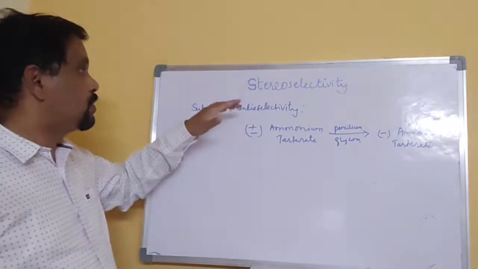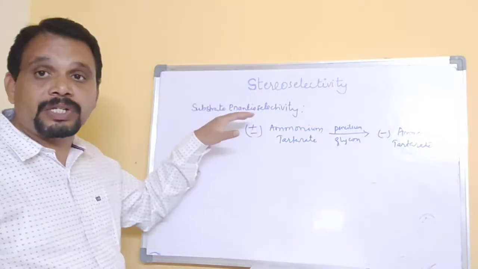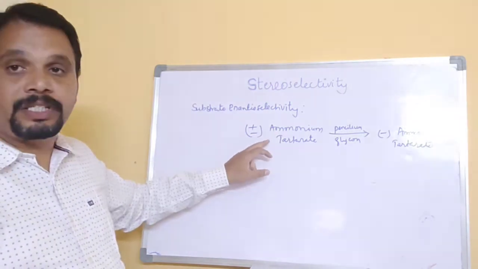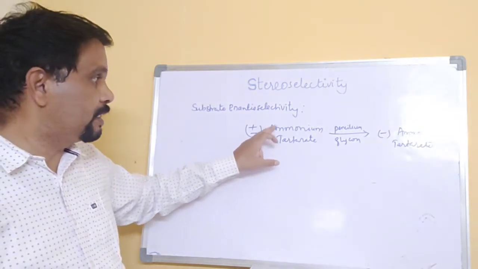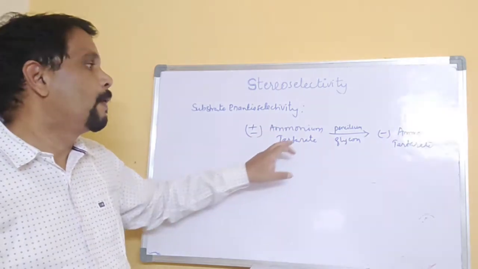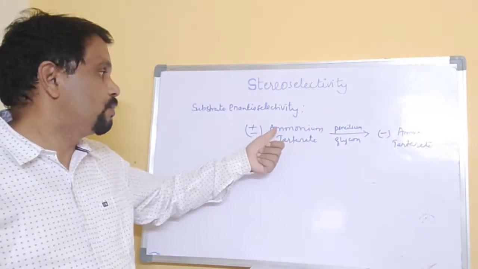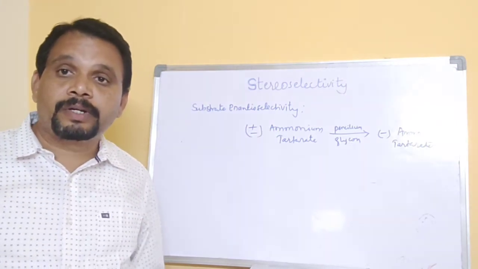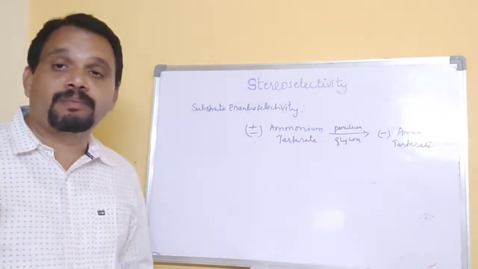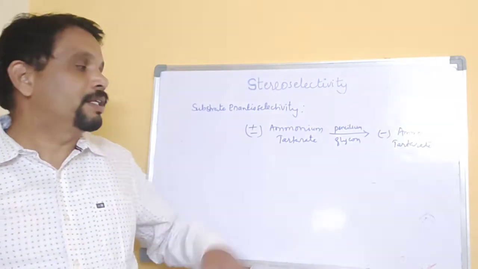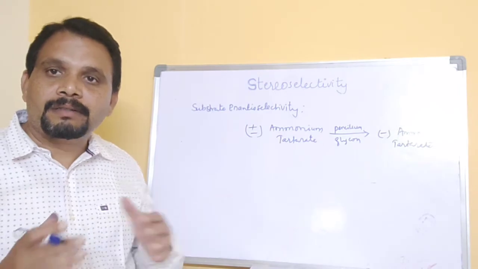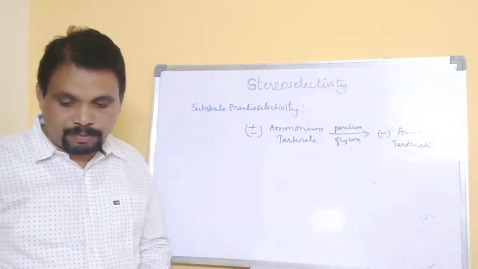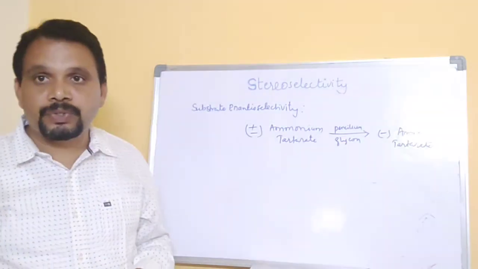So this is a substrate enantioselective reaction, because in this substrate there are two enantiomers, plus and minus. The reagent does not react with minus ammonium tartarate, so you can easily separate the two isomers. This is one example of substrate enantioselectivity.